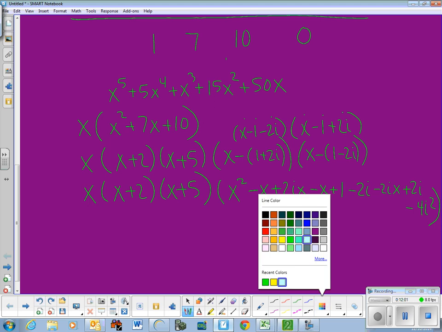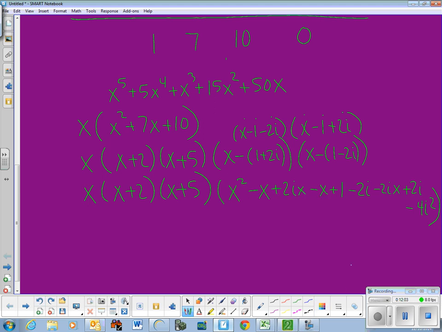Okay, so multiplying those two last factors together gives me these 9 terms, and some things are going to happen. Let's see. Plus 2ix minus 2ix minus 2i plus 2i. And now negative 4i squared. Remember, i squared is negative 1, so let's think of that as plus 4.